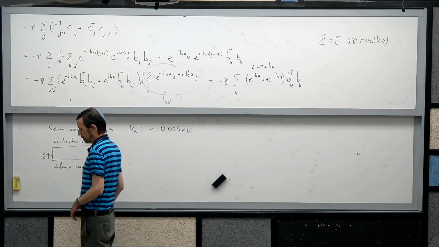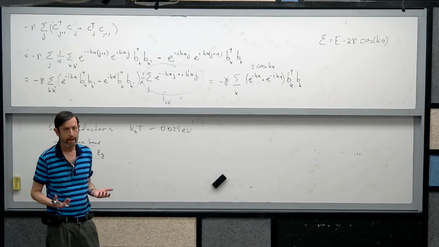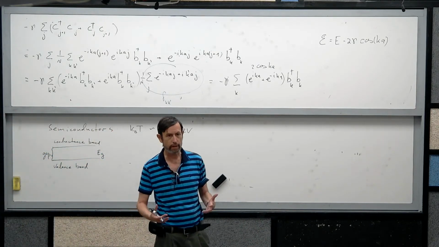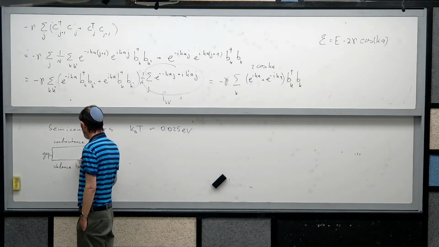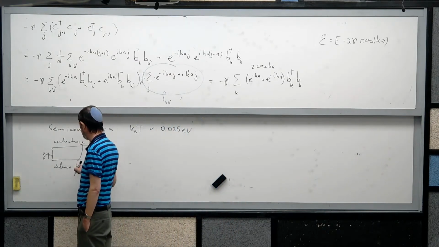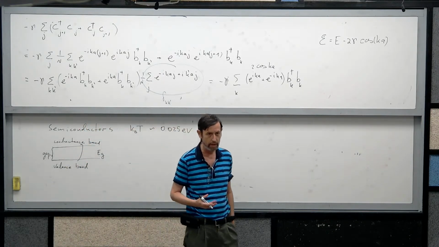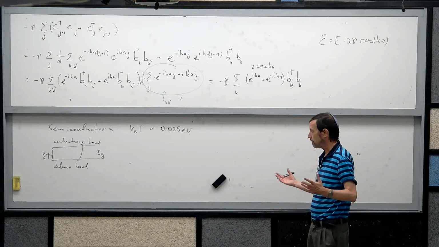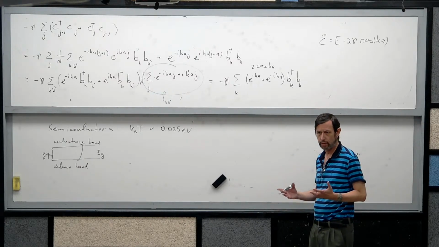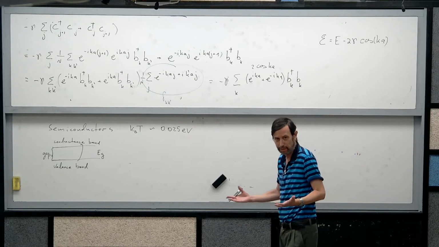In order for it to be a semiconductor and not an insulator, the number of electrons that will move from the valence band to the conductance band should be appreciable. Again, the whole definition of semiconductor is not a hard definition, it's just an estimate.